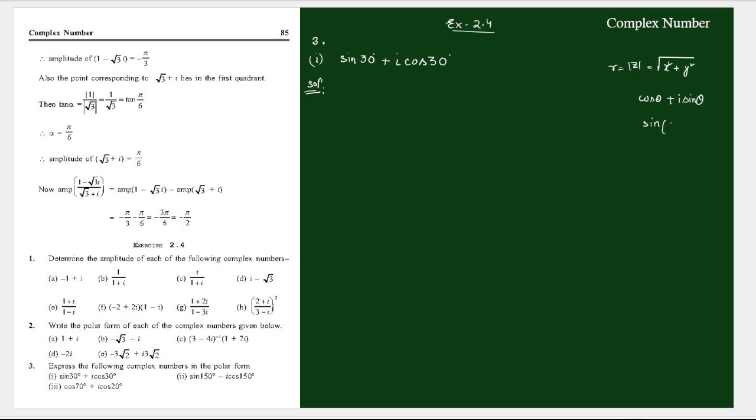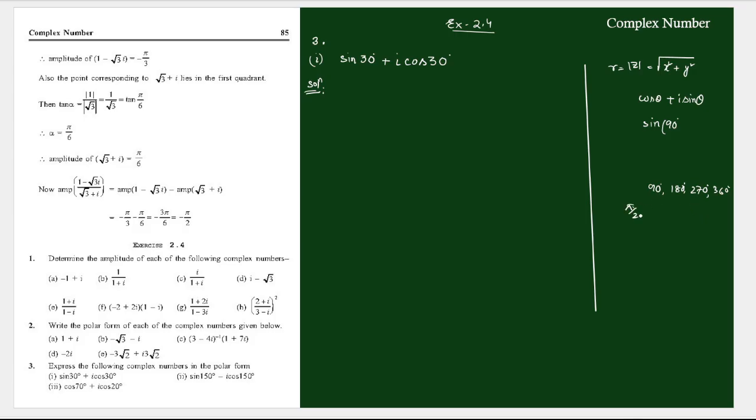See how our angle is: 90, 180, 270, 360 degree. Now 90 can be written as what?